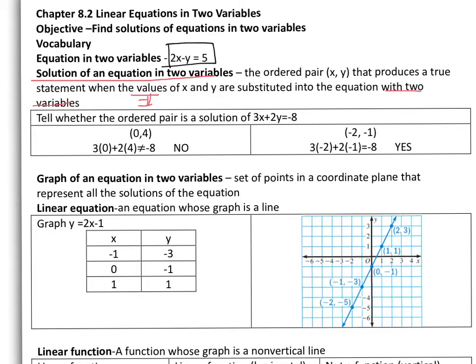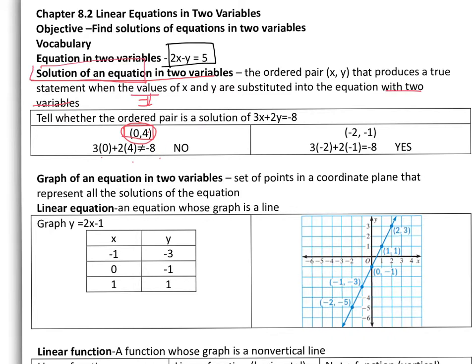So if I give you an ordered pair such as (0, 4), and I have you sub 0 for x and 4 for y, and check if it equals the other side of the equation, which happens to be negative 8, and if they don't equal each other, then (0, 4) is not a solution of the equation.